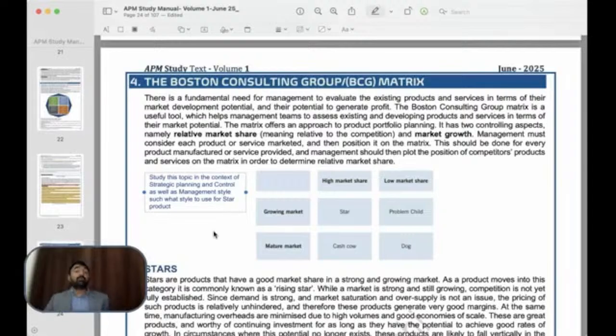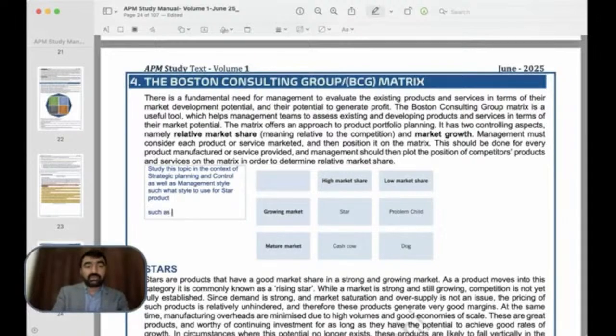For star we need to have a more lenient strategy because our star is growing, so we cannot hamper its growth. We need to avoid any action that might hamper the growth of the star.